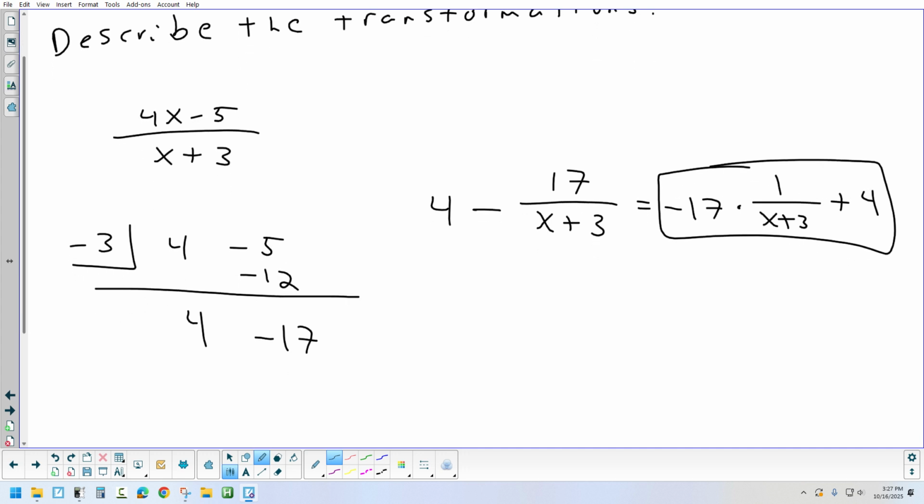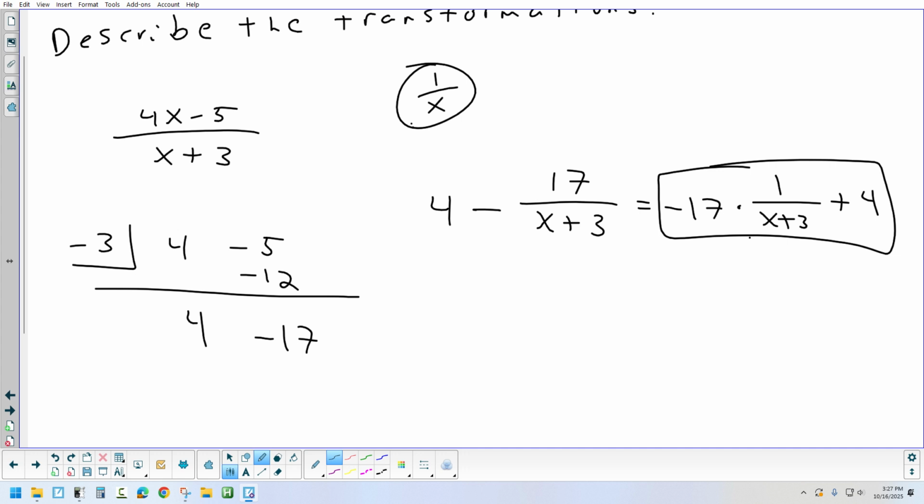Okay, we're always comparing the function that I give you to the parent function. This is the parent function, 1 over x. So I want to know what I would have to do to this to change it into that. First thing is, how many transformations would it take?